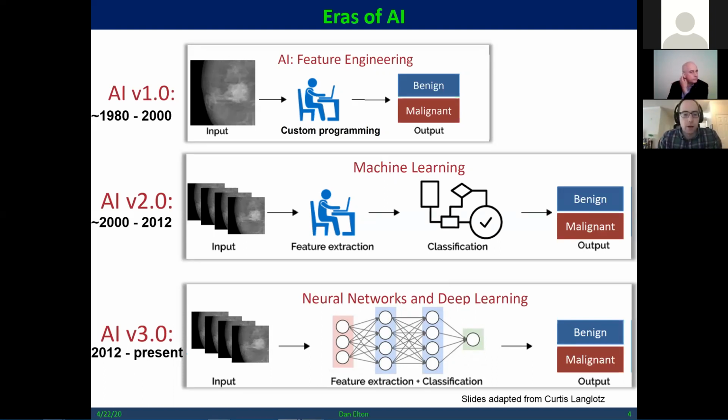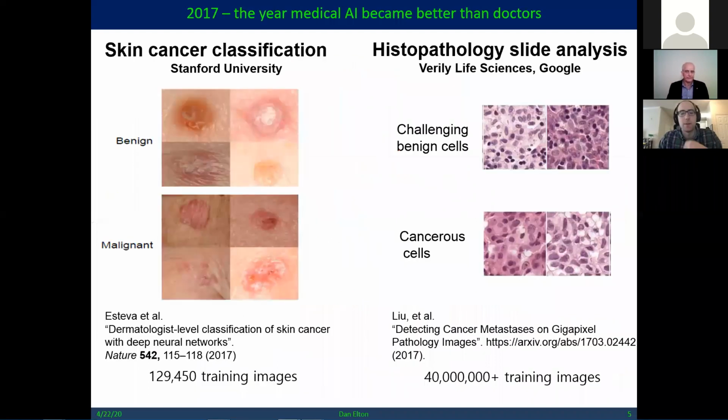That's the era we're in right now, and the advent of deep learning has really transformed machine learning, and now we're seeing human level accuracy achieved in many different areas like image classification and medical disease diagnosis and things like that. So you can go to the next slide.